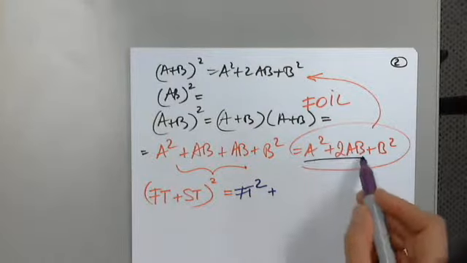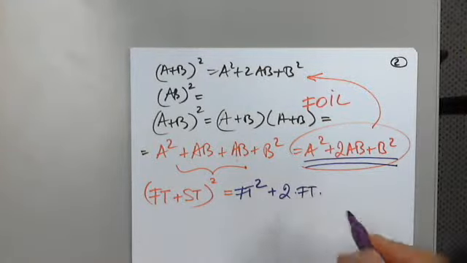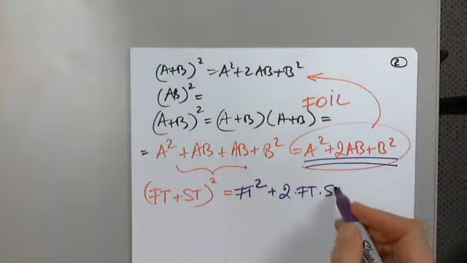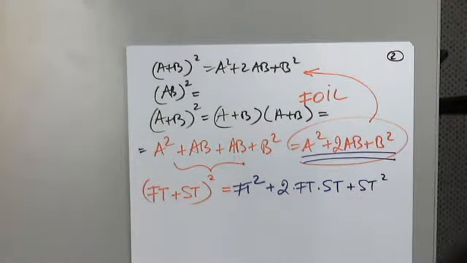I only have to follow this and write the same thing for first term and second term. 2 times, yes, first term times second term plus. That's it. That's all I need to remember. This is the pattern. So when I have a binomial squared, I have to square the first term plus 2 and multiply the first by the second plus the second term squared.